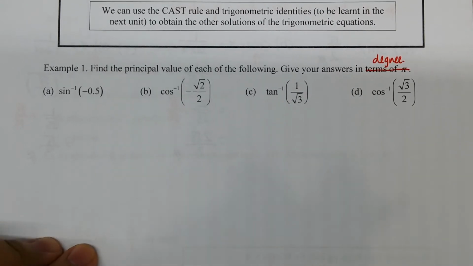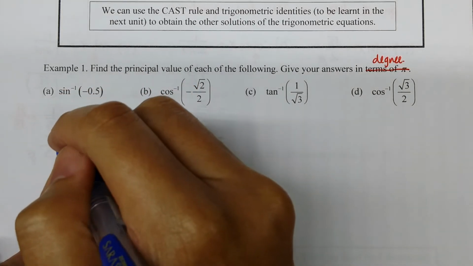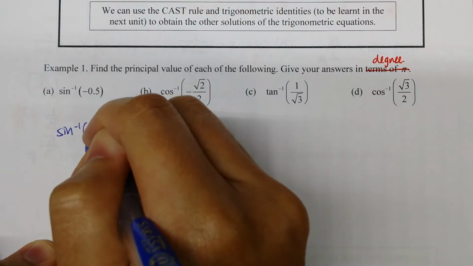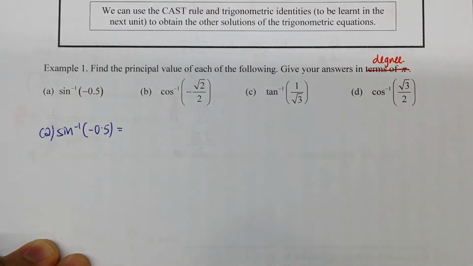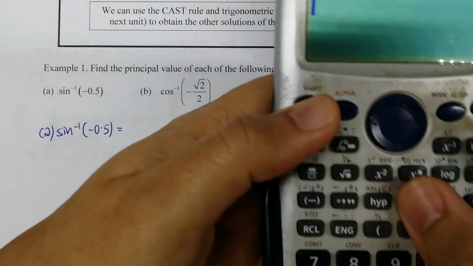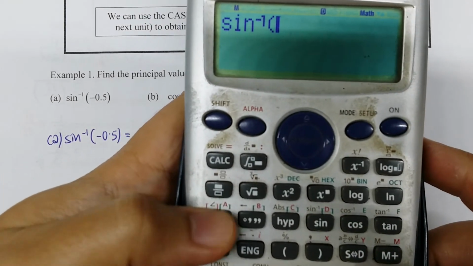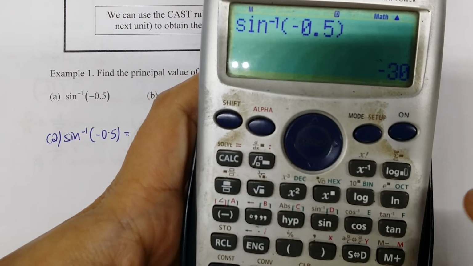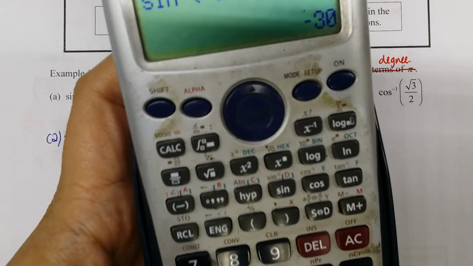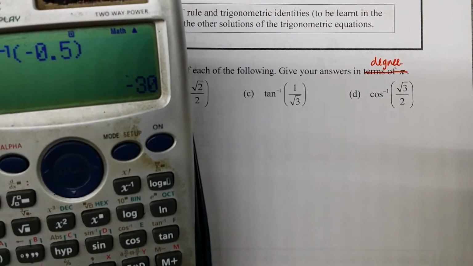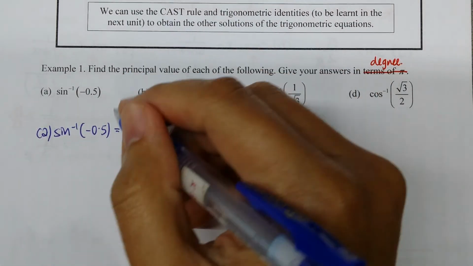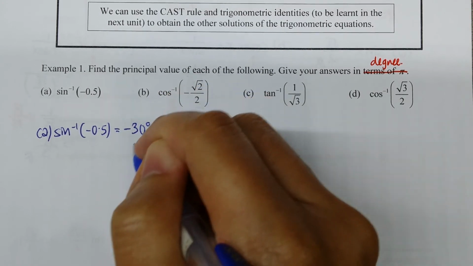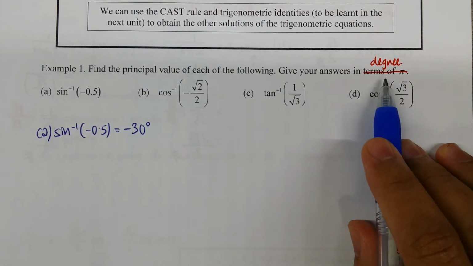Alright, first question, simply press your calculator. Sine inverse. Go ahead, press your calculator. What do you get? Sine inverse negative 0.5. Negative 30, right? Negative 30 degrees. By right, the question asks you to write in terms of pi.